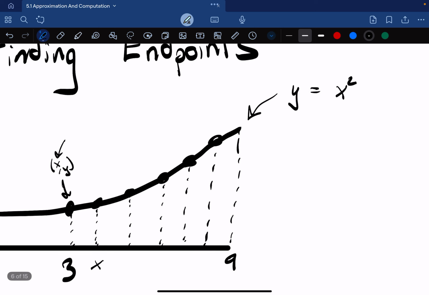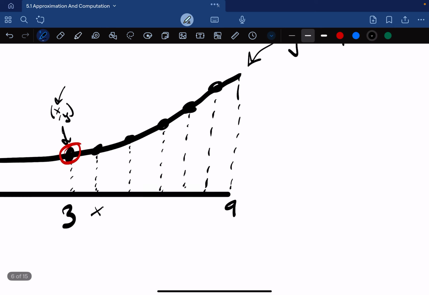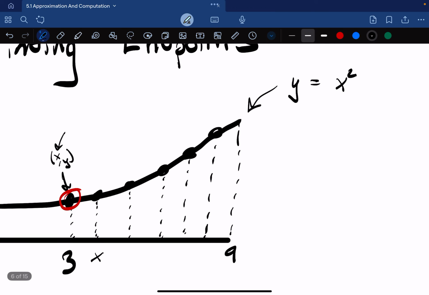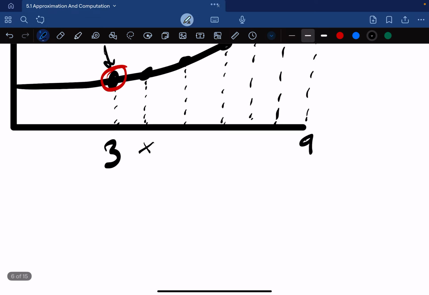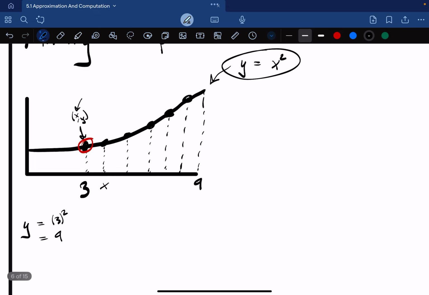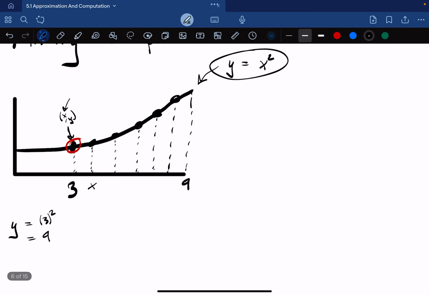So in this case, to find this point, I would find the x value, which I know is 3 in this case, and then I would put 3 into this equation, and I would find out that the y coordinate is 3 squared, or otherwise known as 9. And then from there, I would take 9 as my height.